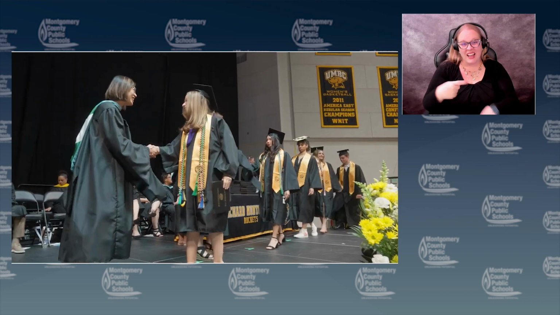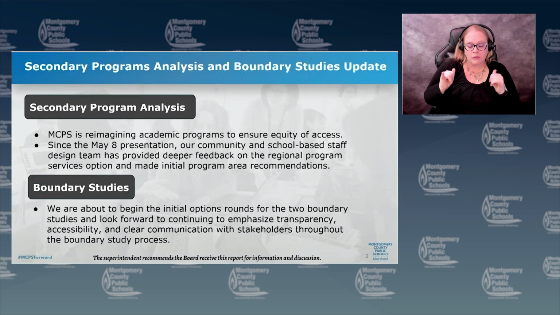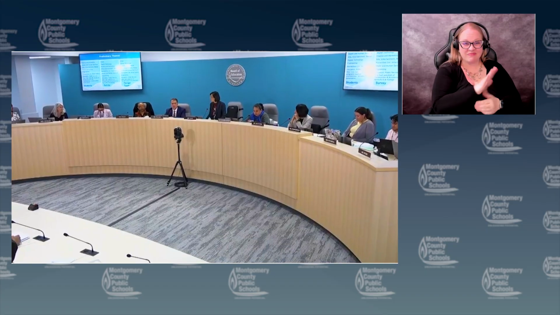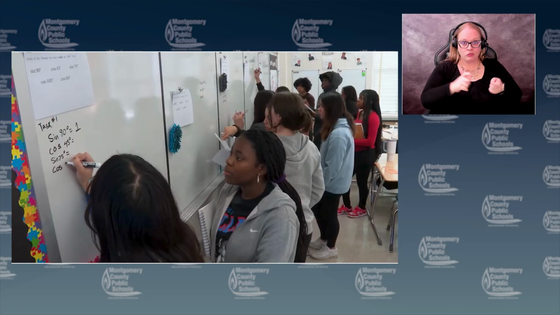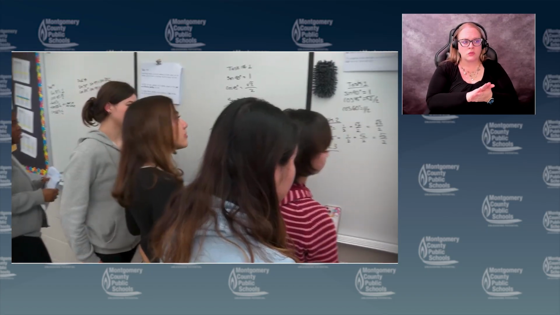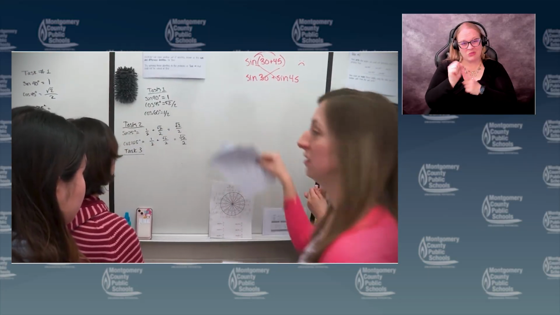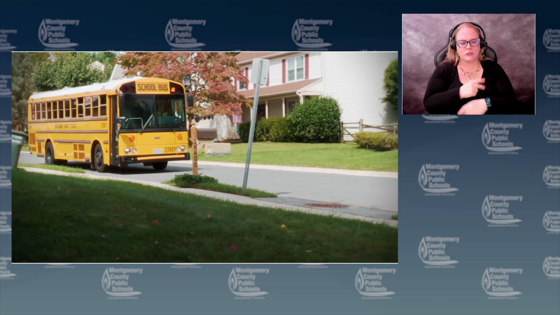And timing matters. With boundary studies underway for those new high schools, some families may see changes in their home schools. Under our current system, that can mean changes to program access and, in many cases, even greater inequalities and inequities. A regional approach changes that.